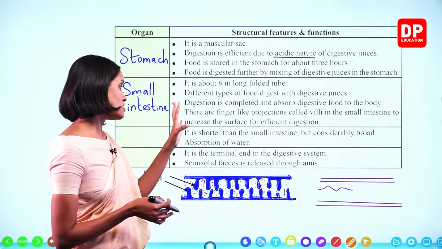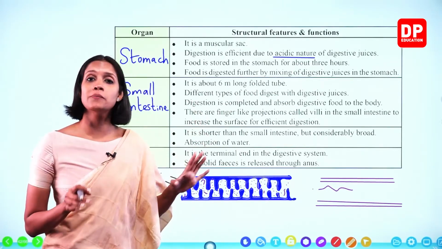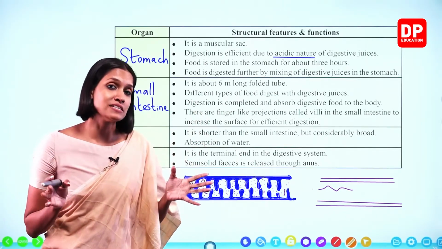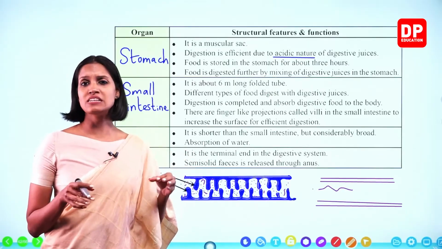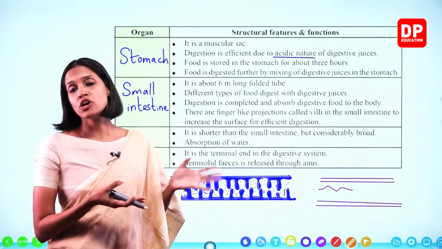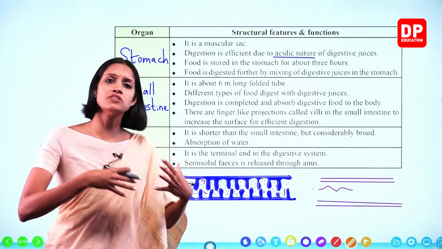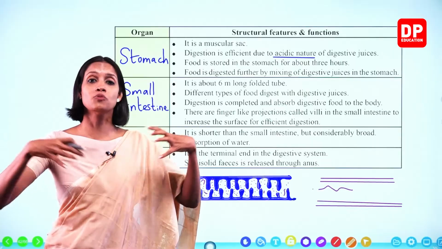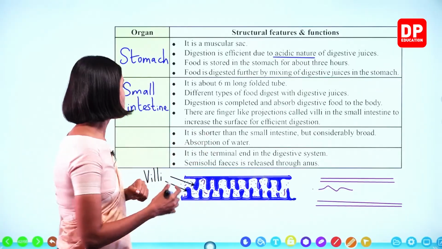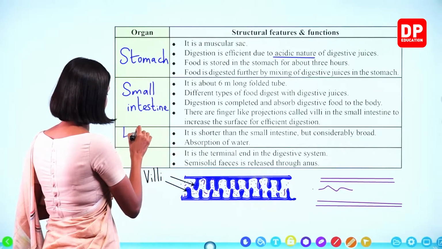But at the same time, food is a semi-solid mixture. So most of the water, about 90% of the water present in the food, is absorbed by the large intestine. Right? This is the large intestine.